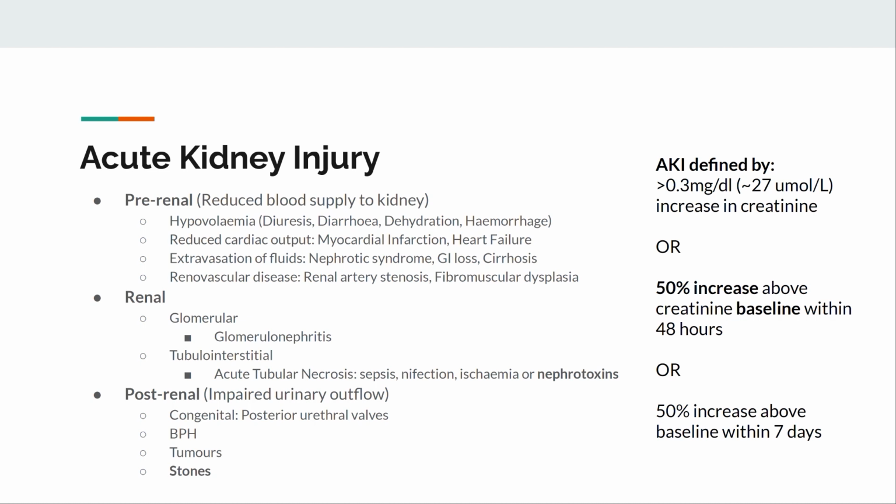Putting that together, we can make something called a urea-creatinine ratio. When you put those together, if someone is dehydrated and it's a pre-renal kidney injury, the amount of urea relative to the amount of creatinine in the blood, the urea should go up because it's reabsorbed in the water, whereas creatinine is not reabsorbed.